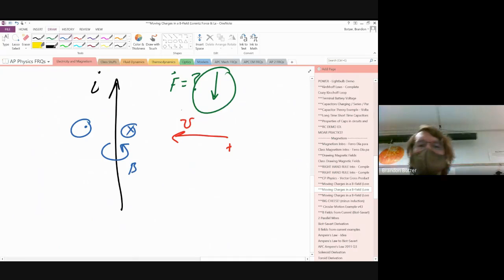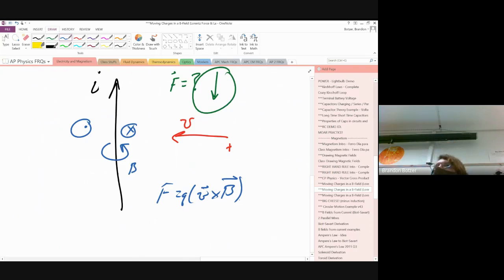I need to use F equals Q V cross B to do that one. So even though I did have to get this B field over here by using that right-hand rule, I then needed to use a second right-hand rule to get the force vector. So, common little things that pop up in the world of physics.